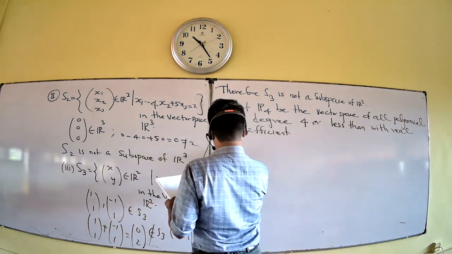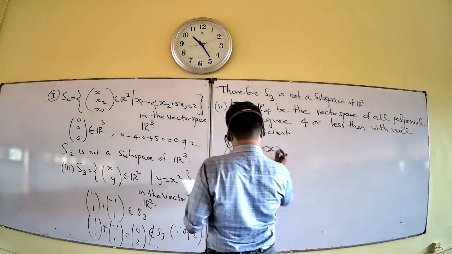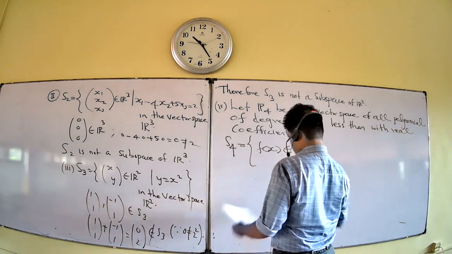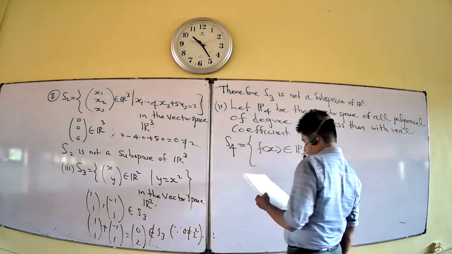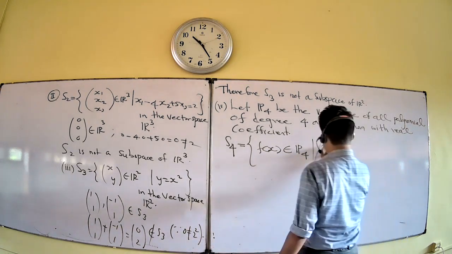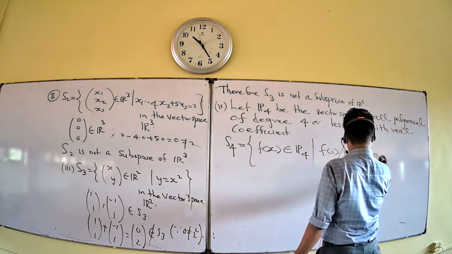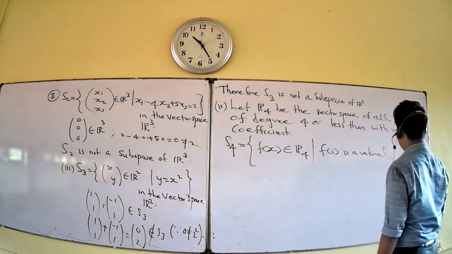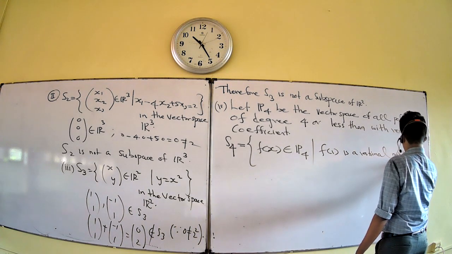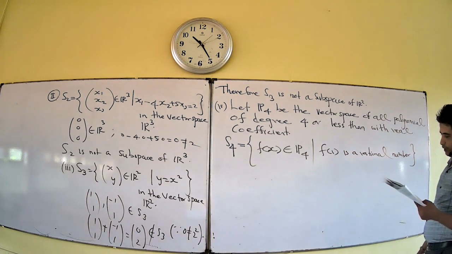Then S4 is the set of f of x belonging to P4 such that f(1) is a rational number, in the vector space P4.